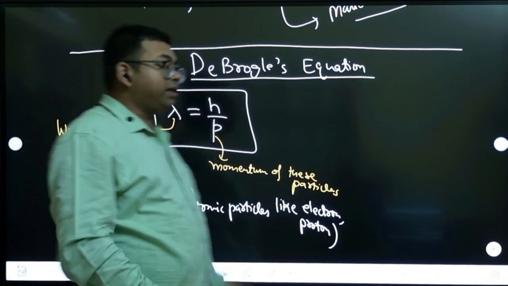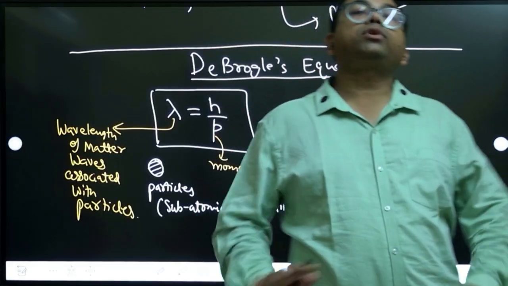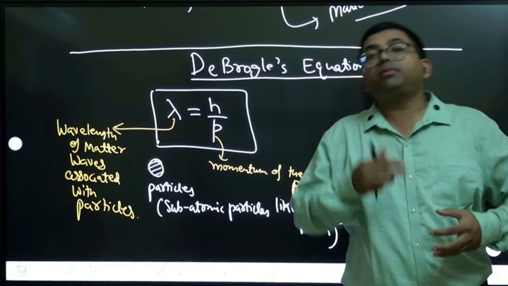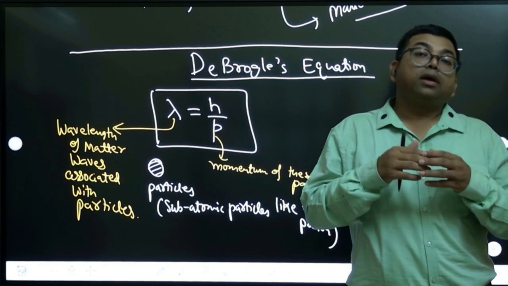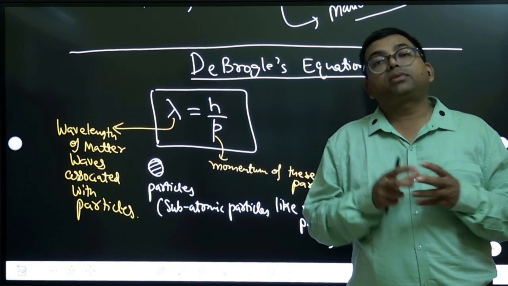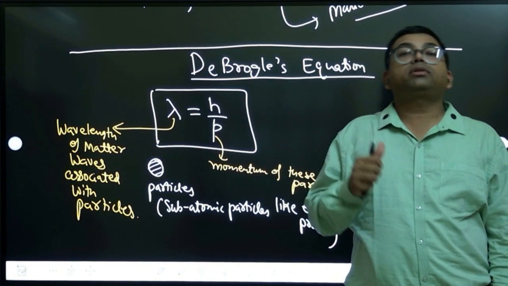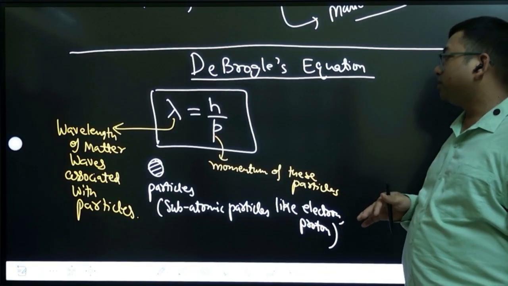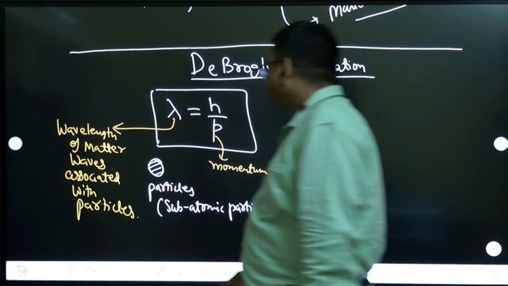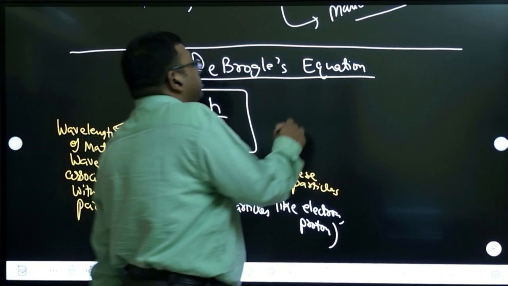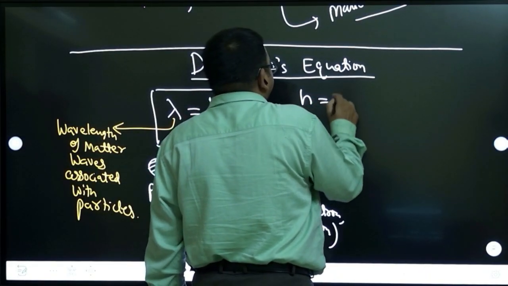So when we say that an electron becomes like a wave, we do not say it like that. We say that the electron has some wave character associated with it, and the wavelength lambda of the matter wave associated with the electron is given by this formula, lambda is equal to h by p. That's what we can say. And now this formula can be transformed into various things. H is Planck's constant. You know that already.